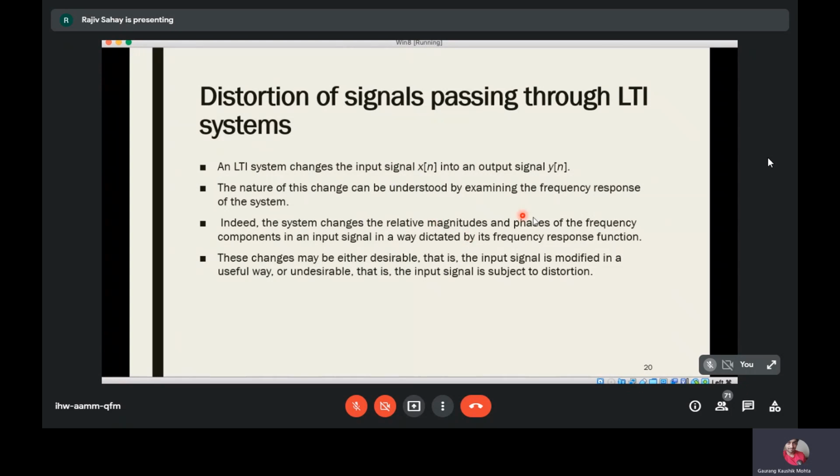The relative magnitudes and phases of the frequency components in an input signal are modified by the frequency response H(e^jω) of the LTI system. These changes can be good, or they may not be desirable. If they are not desirable, then the signal is subject to distortion.